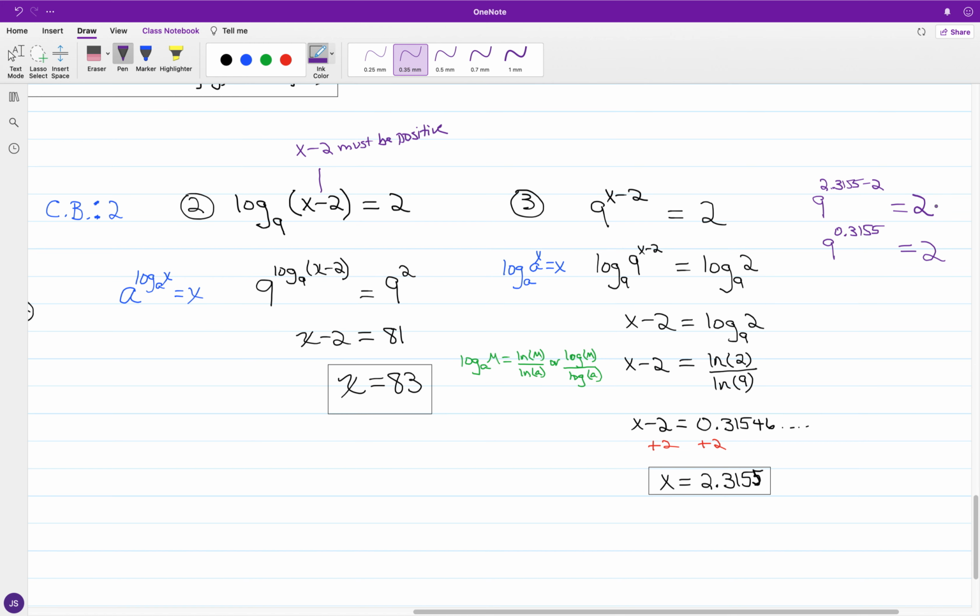If you were to take 9 and raise it to the 0.3155, you would have about 2.0001, and again that is about equal to 2. The difference comes from having rounded to the nearest 4 decimal places. So that would be your answer if you took it to 4 decimal places.